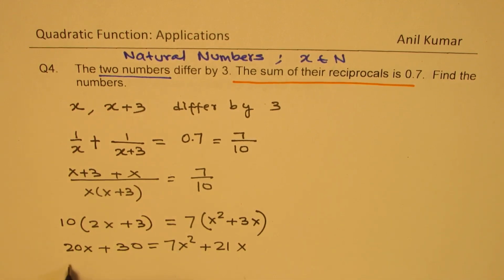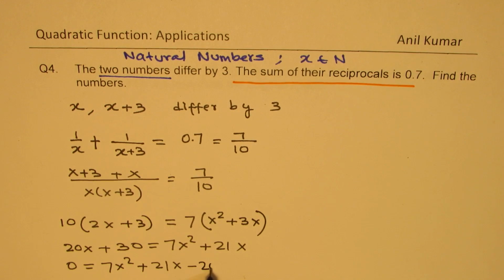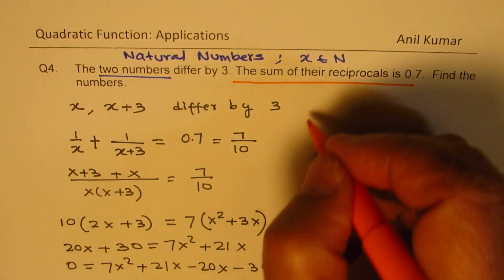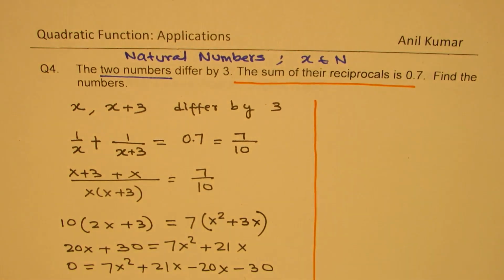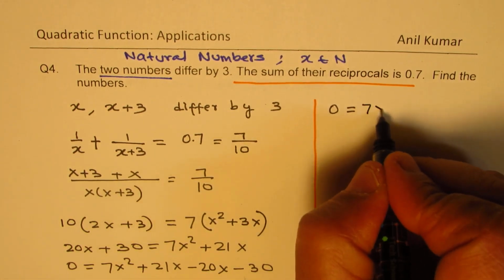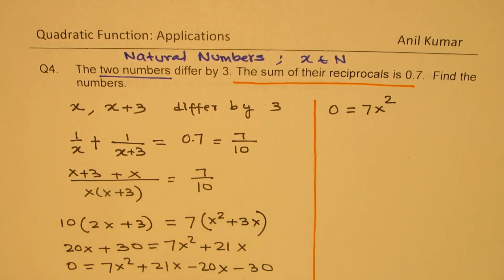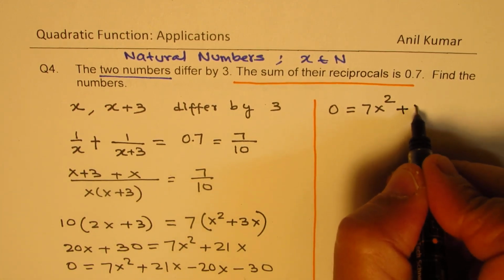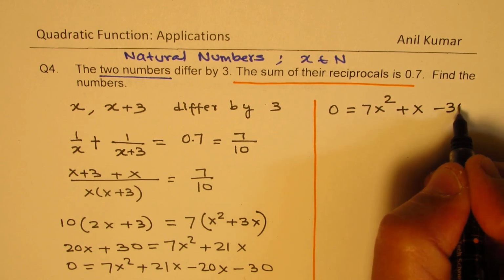Bringing the terms together, we write 0 equals 7x squared plus 21x minus 20x minus 30. Correct? Now we have a quadratic equation to solve, which is 0 equals 7x squared, 21x minus 20x is plus x, and we have minus 30.